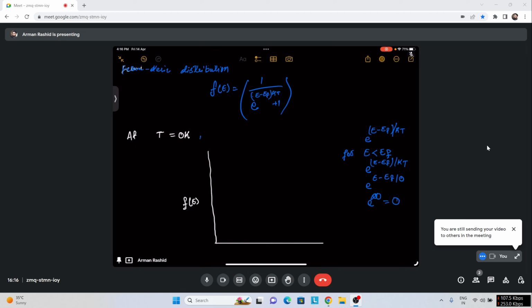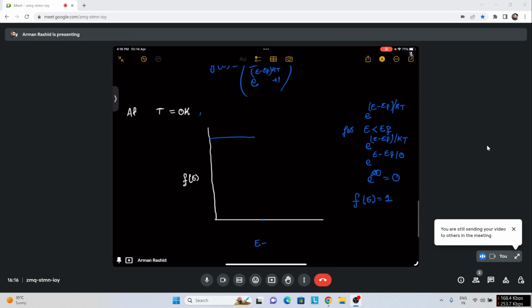So f of E will be equivalent to 1. Up to the energy state where E minus EF is 0, it is 1, and beyond that, it will be 0. You got the point?